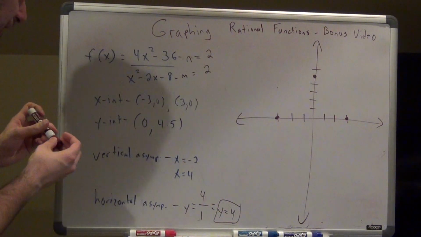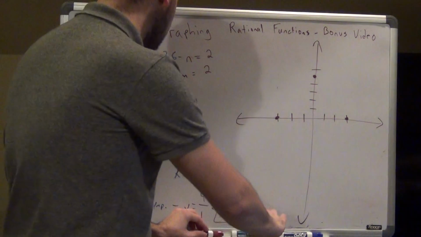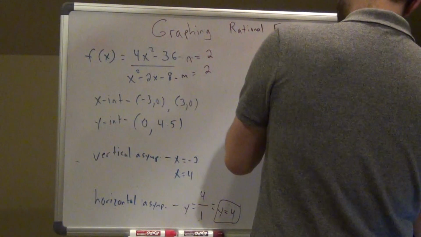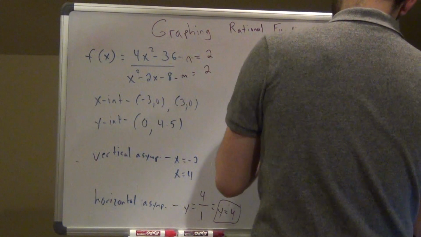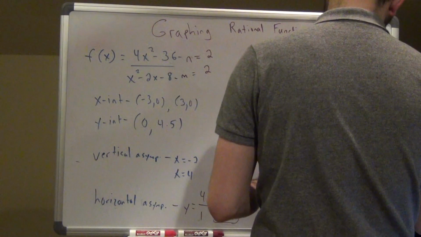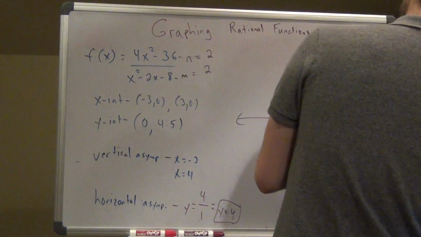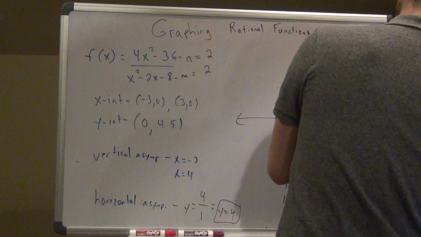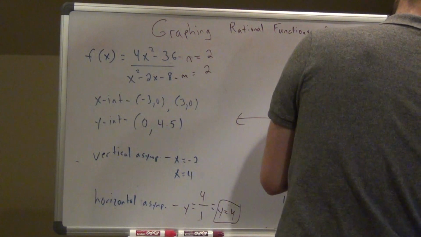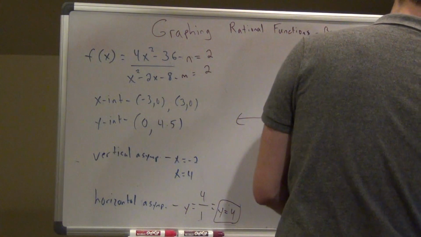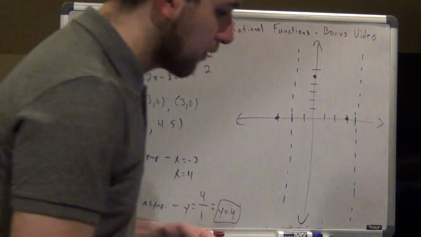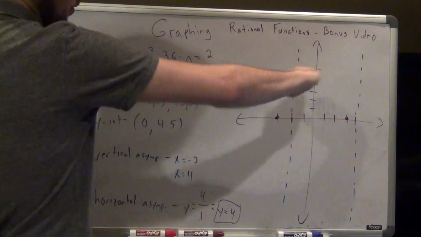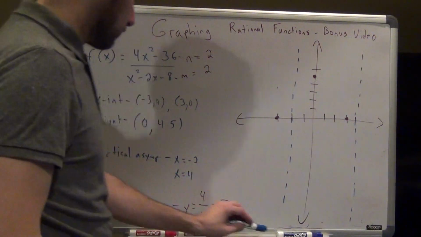Alright, then I have vertical asymptotes at x equals -2 and x equals 4. So here's x equals -2, and then here is x equals 4. There are my 2 vertical asymptotes. Then I also have a horizontal asymptote, going this way, at y equals 4.